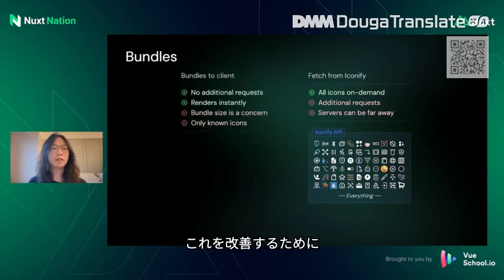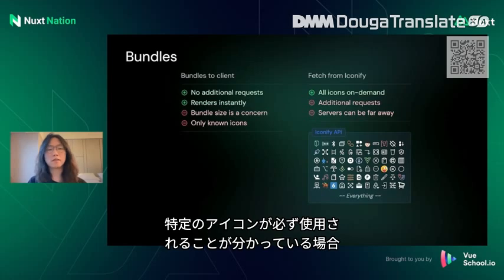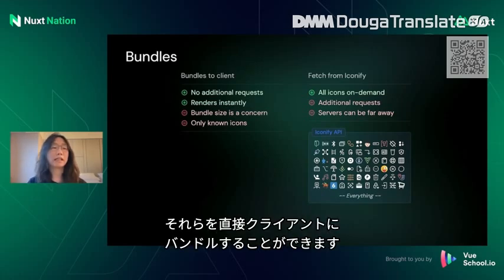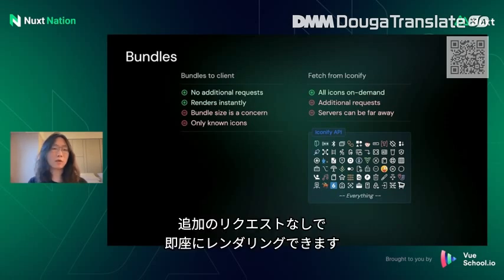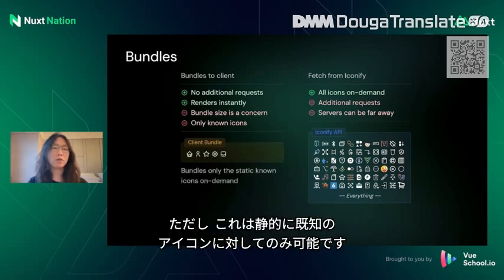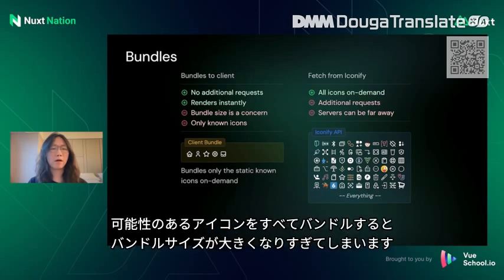To improve this, if we know certain icons are going to be used anyway, we can bundle them directly into the client. This way, they can render instantly without additional requests. However, we can only do this for statically known icons. Bundling all the possible icons would make the bundle size too large.